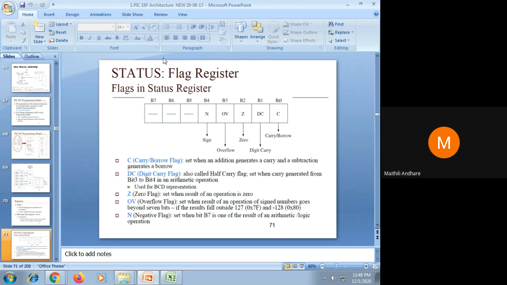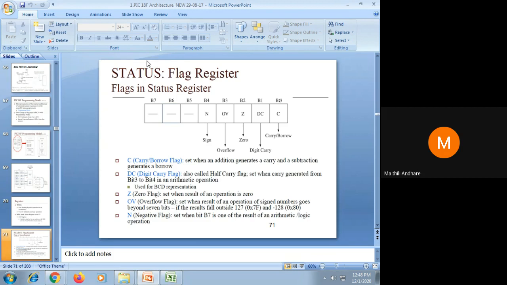So what we have studied in today's lecture, as we are taking the lecture after a long time, is the basic difference between PIC microcontroller and 8051 microcontroller, and what extra features are available in PIC microcontroller, which can be understood from the features. So just go through the features in detail.